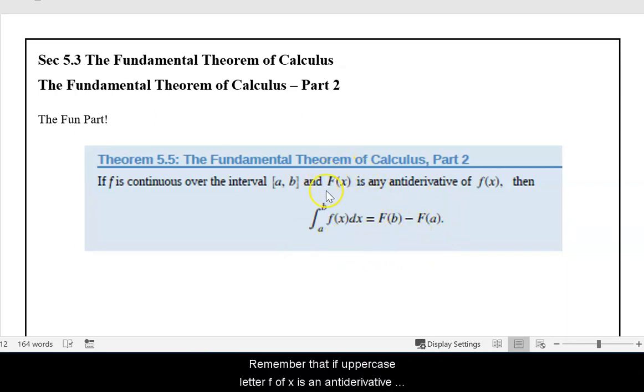Remember that if uppercase letter F of x is an antiderivative of the function f of x, then the derivative of the antiderivative gives us back the function. This means that if we undo the derivative on the lowercase function, this should give us the antiderivative evaluated at the upper and lower limits and subtracted.